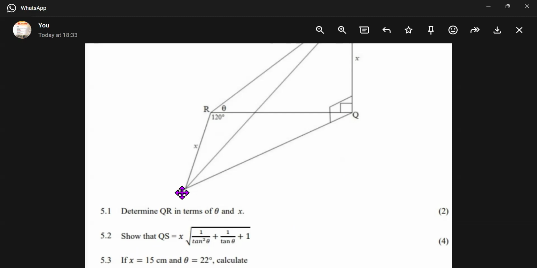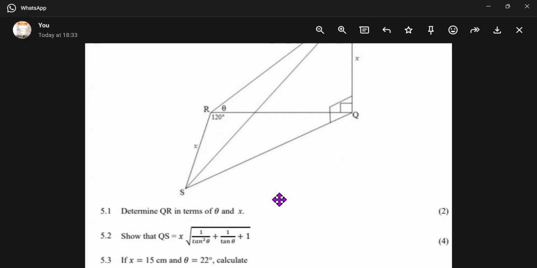And when we look at QS, we can see that it's actually in the triangle that's in the base. It's not in a right-angled triangle, which means in order to find this QS, we can't use our normal trigonometric ratios. It's either we use the sine rule or the cosine rule. That's just it.